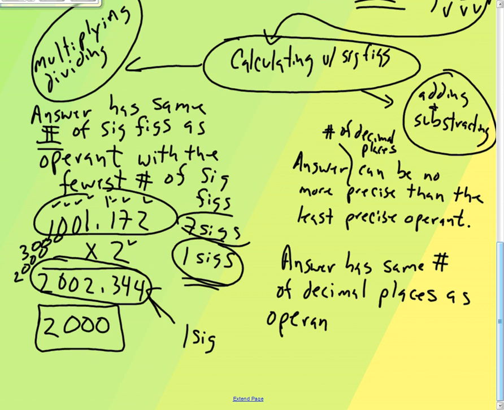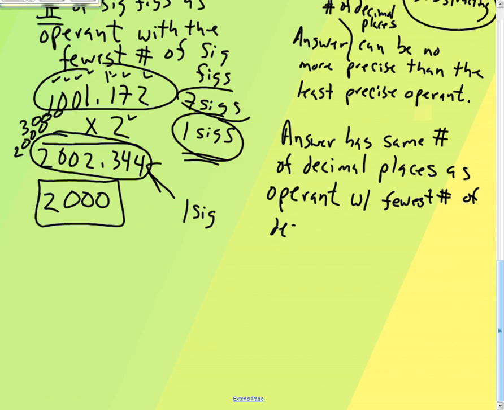I hope I'm spelling operand right. It's a T instead of a D. Operand, places as operand with fewest number of decimal places. Cool.